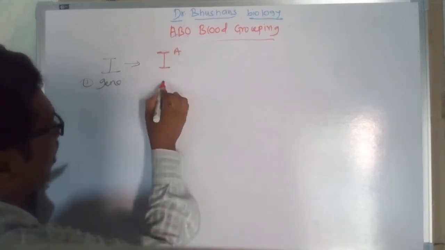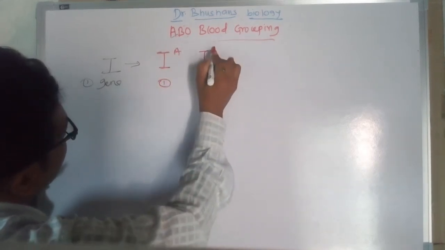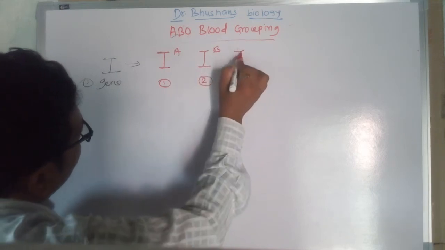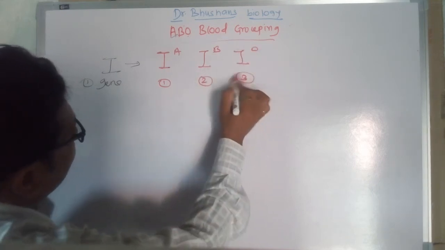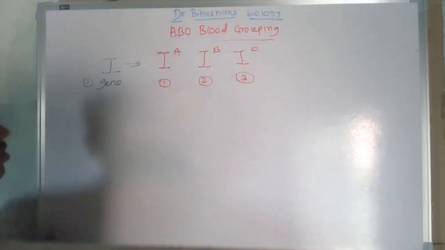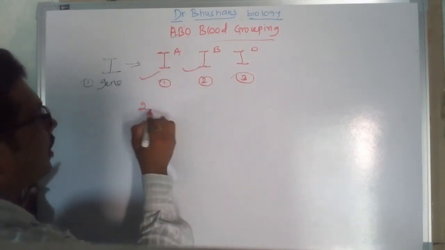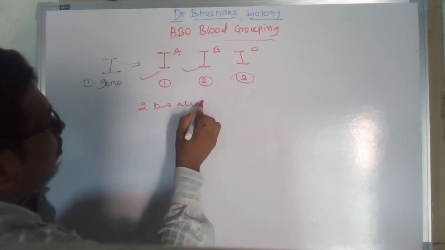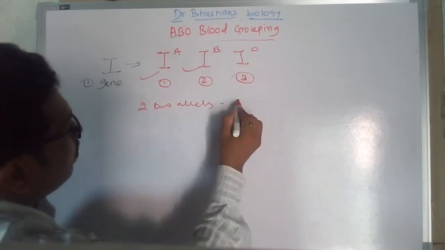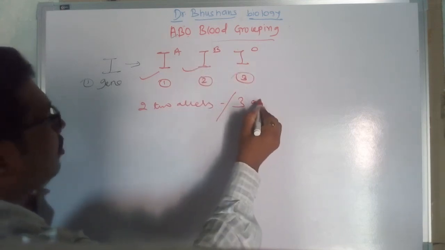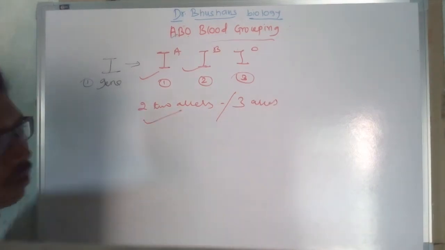IA is allele number 1, IB is allele number 2, and IO is allele number 3. Every individual has only 2 alleles out of these 3 alleles.